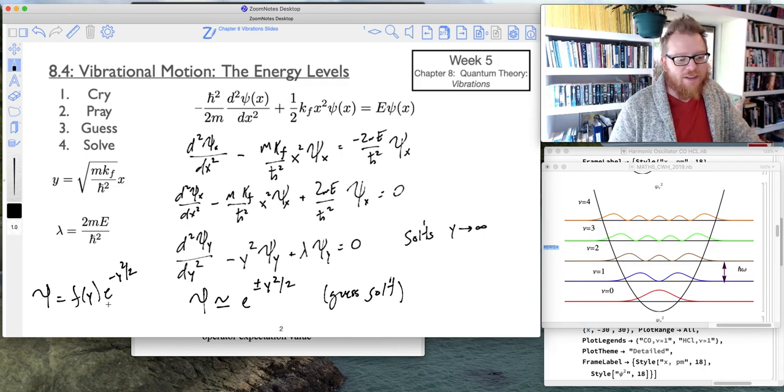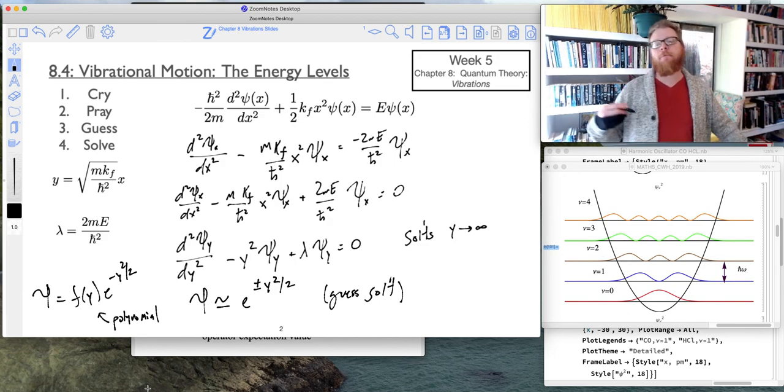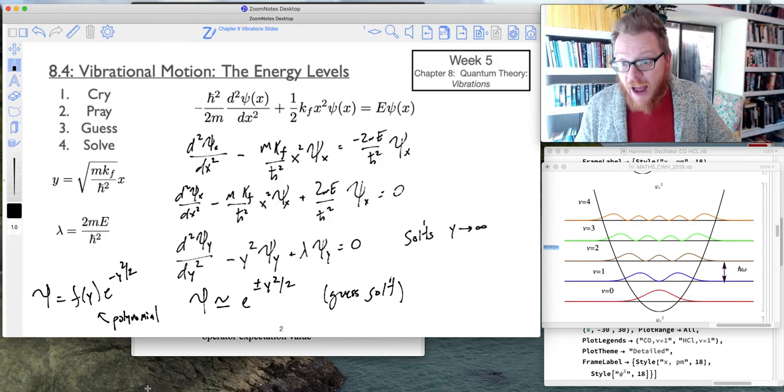So we need this f of y. So this is a polynomial in y that's going to give us these asymptotic quantized values.